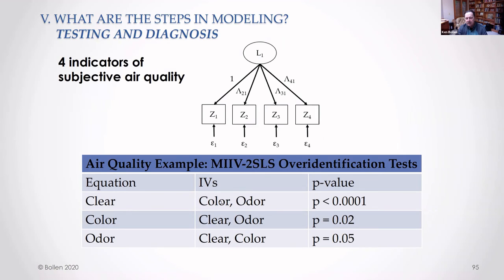Your model said that color and odor should be good instruments for this equation. This highly significant Sargan test tells me that one or both of these variables are problematic. Color also fails this test. Odor is sort of scraping by, so it's not as strong evidence as we find for clarity and color.